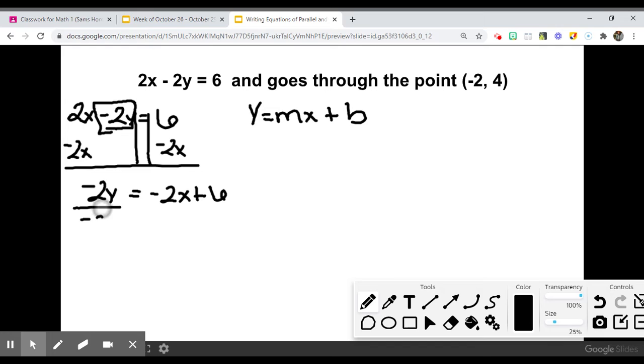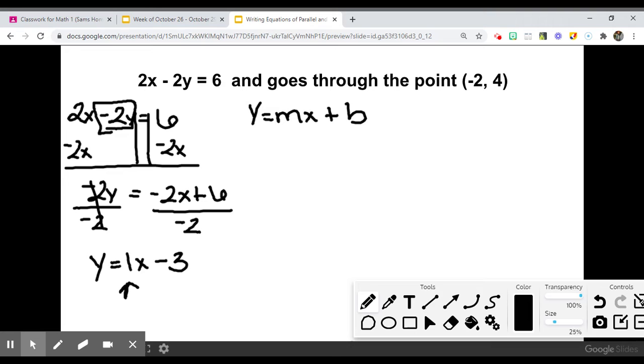Okay, so then to keep solving, I'm going to divide by -2, and everything on top is divided by -2 on the right-hand side. So -2 divided by -2 is a positive 1, and 6 divided by -2 is a -3. Okay, so I know that my slope here is 1.